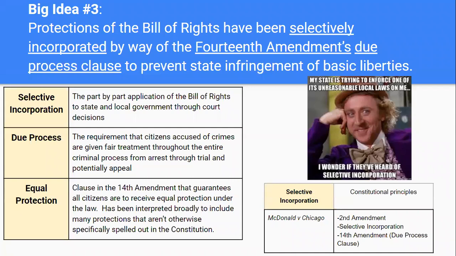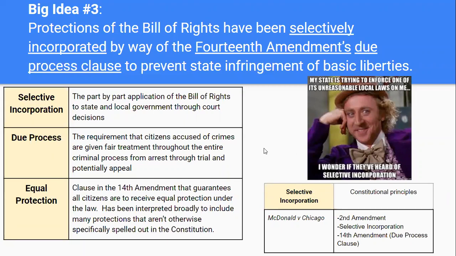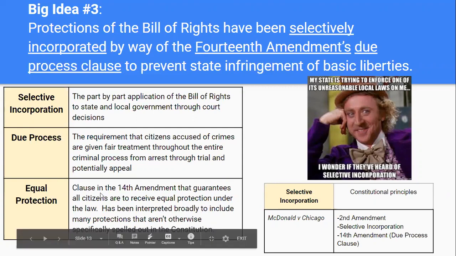But it's still part of the Constitution, and the Civil Rights Movement basically uses the Due Process Clause and equal protection as their fire, as their evidence, right? It's what they're going to use to make their claim for equal rights, and eventually passage of the Civil Rights Act and the Voting Rights Act. And then the Equal Protection Clause says that all people will be equally protected under the law. All these are really important.